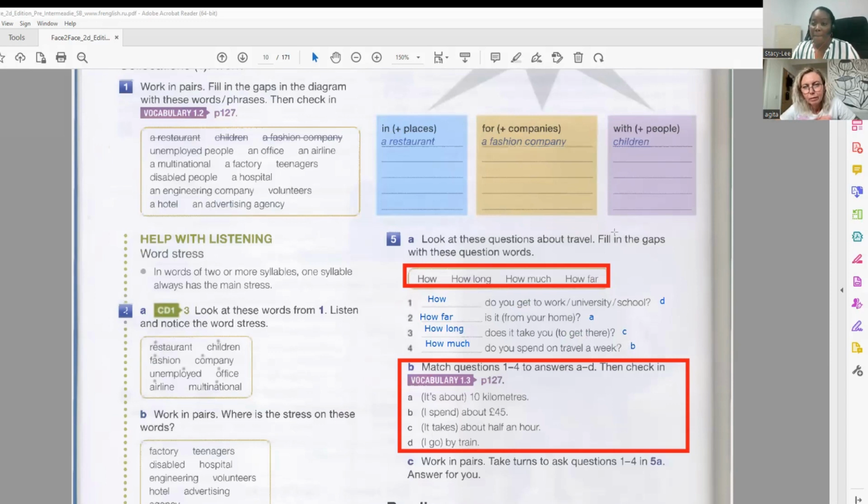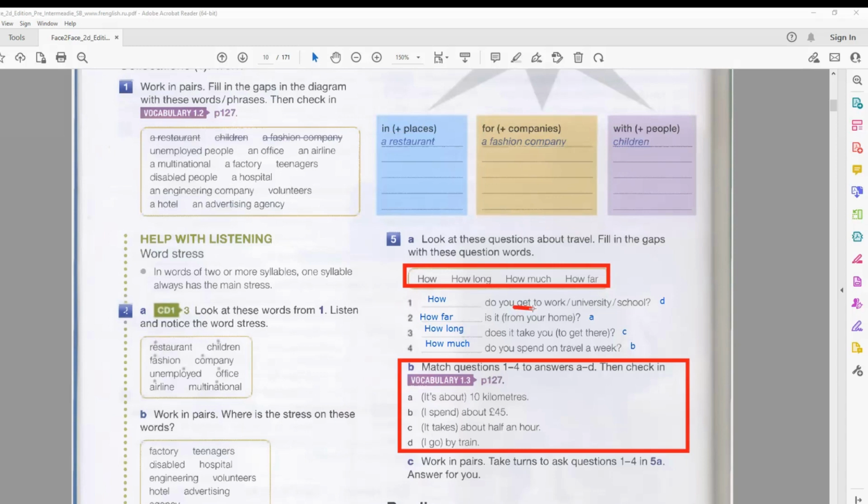Understood? Okay, so anytime you see the word get in questions like this, like I said to you, if I should say to you, Agatha, how do you get to the supermarket? I'm saying, how do I travel to the supermarket?